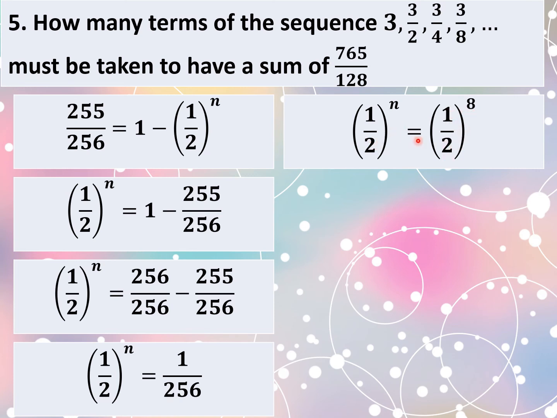So, since parehas yung base natin na 1 half, we can now have our new equation na n is equal to 8 dahil sa power property of equality. So, ibig sabihin, 8 term ang i-add natin from this sequence para makuha ang sum na 765 over 128.